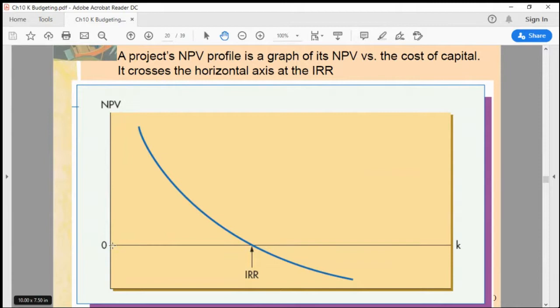Your net present value would be... If the cost of capital is 0, then there's no discounting going on, because it's in the denominator, it's always 1 plus 0, so it's 1 raised to 1, 1 raised to 2. It's always 1. So all future cash flows are not discounted, right? It's all present value.